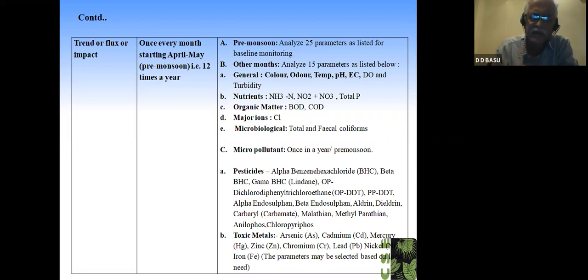Accordingly you select the parameters. Not all the pesticides you have to do. Toxic metals also you have an inventory. These are all things you can talk about with the state pollution control board and the regional offices. They will give you actually a good database. If you interact with them, you will get a good database of what toxic metals are indicated. Next.